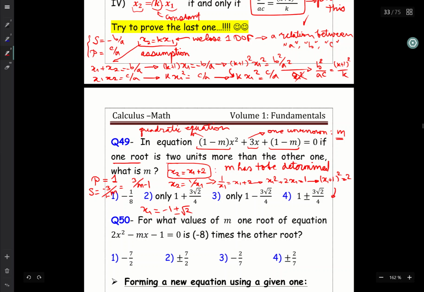And then let's continue with x1 equals minus 1 plus square root of 2, x1 equals minus 1 minus square root of 2. Now if we end up with first choice, minus 1 plus square root of 2, therefore x2 becomes 1 plus square root of 2, right?